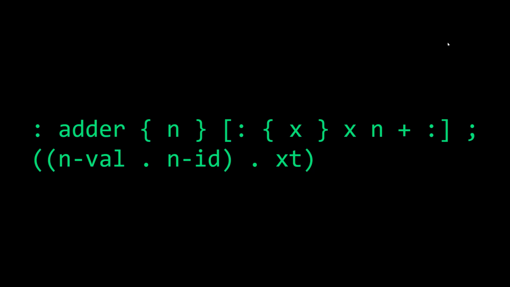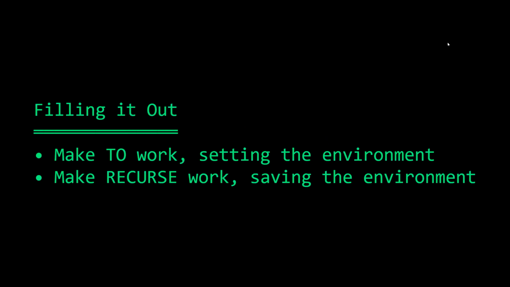And so what this looks like for something like this adder word is that you build up a pair that contains a single element for n and its ID, and then that gets paired with an execution token, and the one value that references that is what you can actually pass around as the closure.